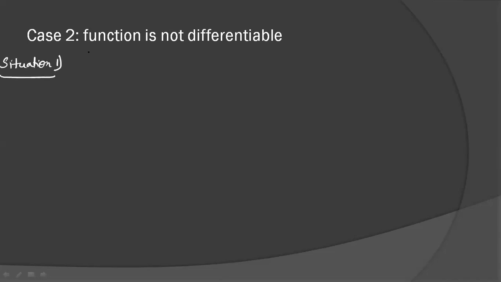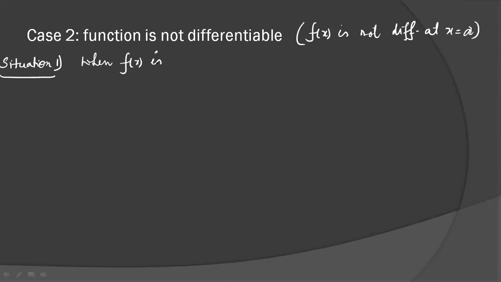Situation first. Suppose f(x) is not differentiable at x equal to a, but f(x) is continuous at x equal to a. It means we are supposing continuity but not differentiability at x equal to a, and f dash(a minus h) and f dash(a plus h) exist.